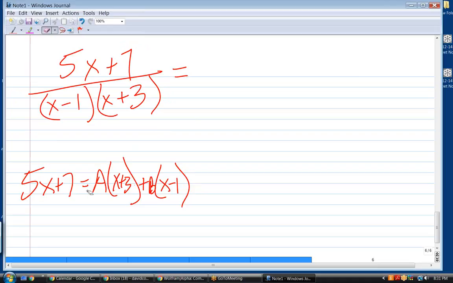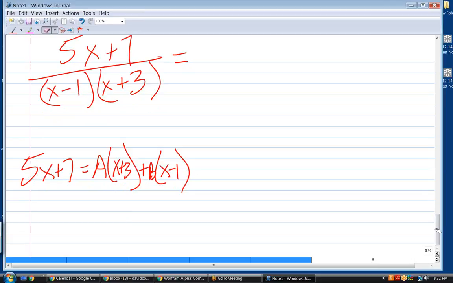Now, we still have a bit of a problem here because I got two variables and only one equation. One would think that we wouldn't be able to solve for A or B. However, we can always come up with an x that makes that term 0, and that's going to let me solve for B. And we can always come up with an x that makes that term 0, and that's going to let us solve for A. So this is kind of a special situation which allows you to solve for A and B even though you only have one equation.